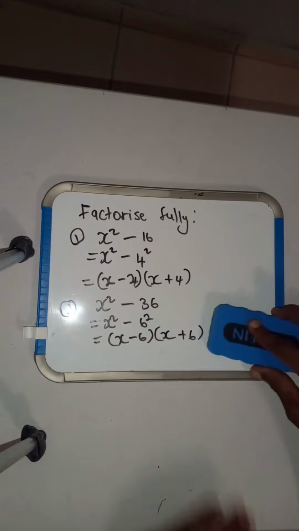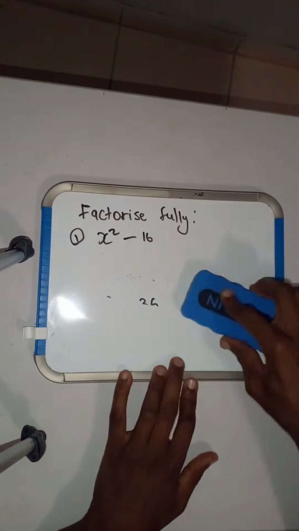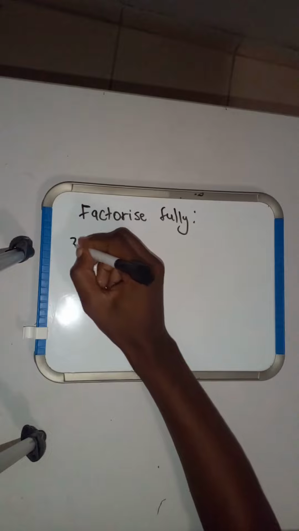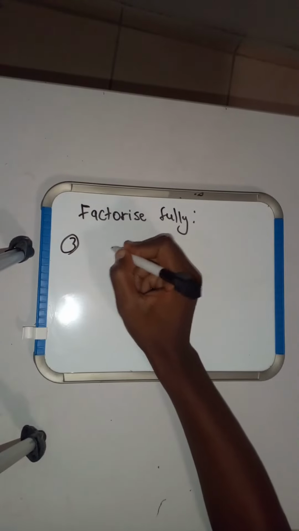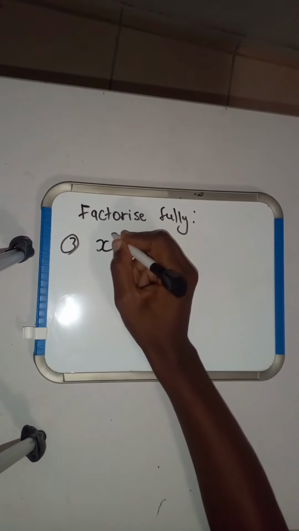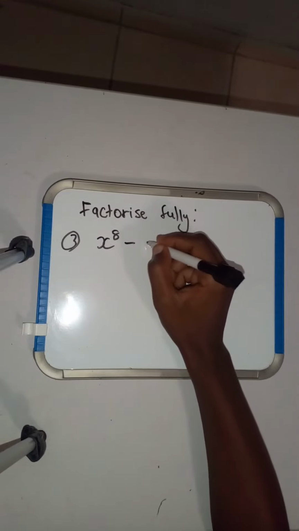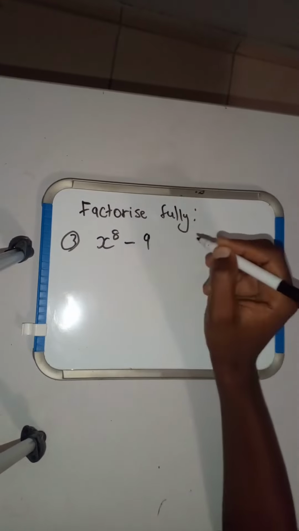Okay, let us have a look at our last example. Example number 3, which is x to the power 8 minus 9.